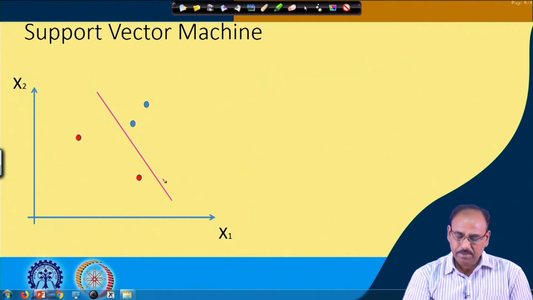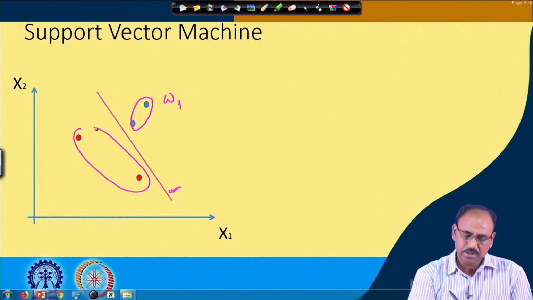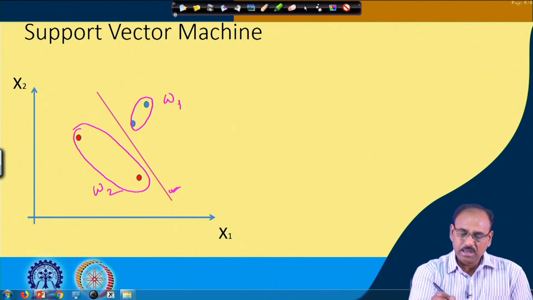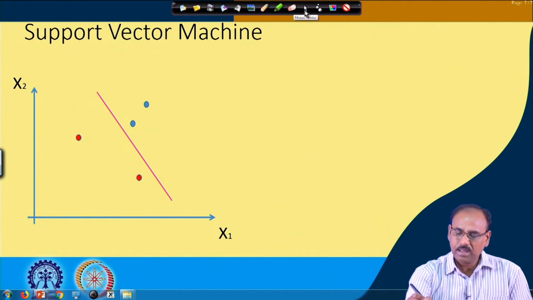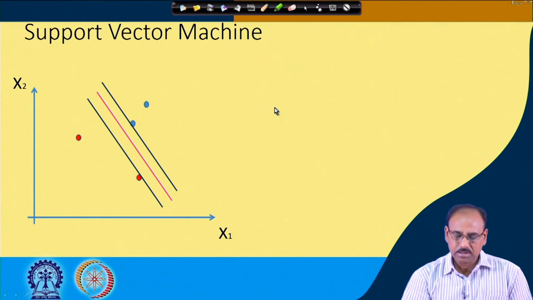So, here I take this particular separating plane which separates this set of feature vectors which belong to class omega 1 and these two feature vectors which belong to class omega 2. Now, you find that this separating plane gives me a margin which is given by this.